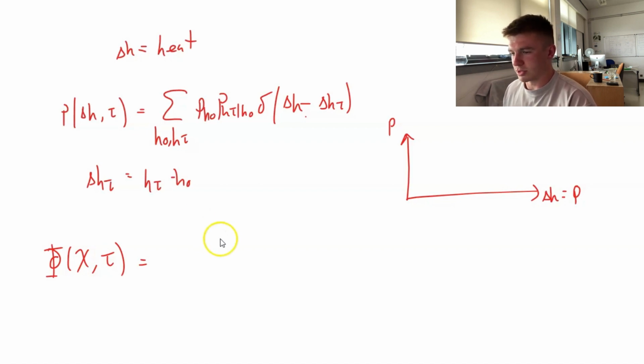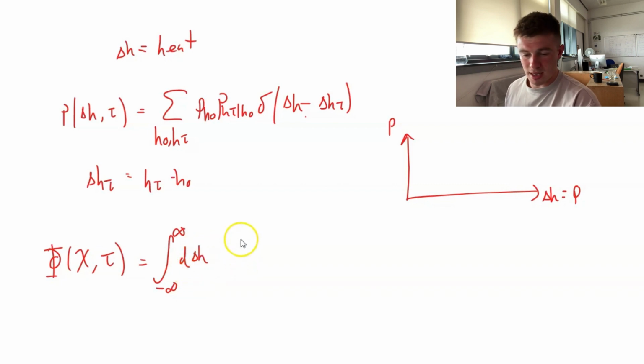So what does this characteristic function look like? We're going to integrate over all of these delta h's, and well, then it's just going to be the normal definition of the Fourier transform.